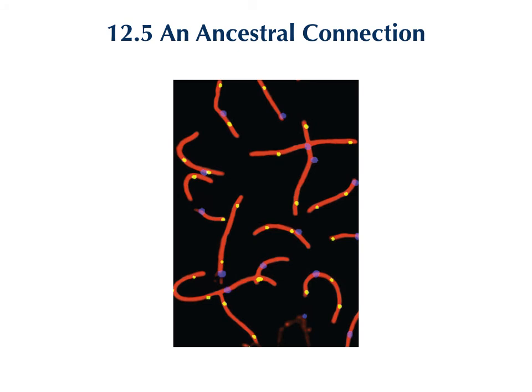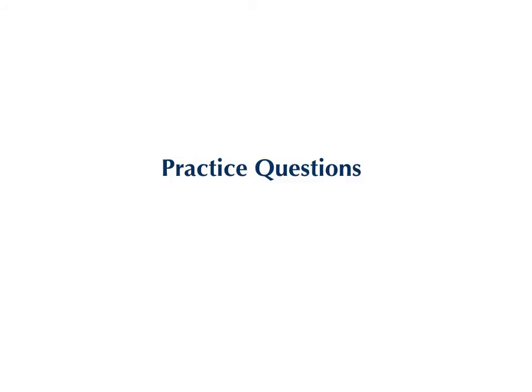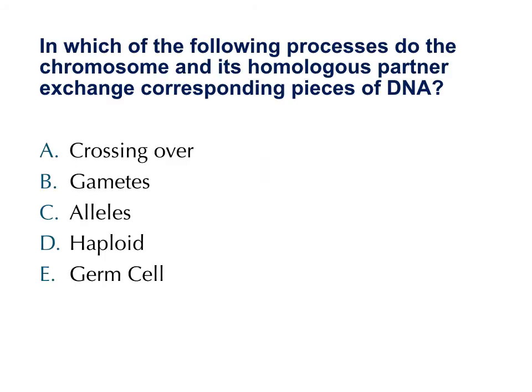MLH1 has several functions in meiosis, including chromosomal repair after crossovers and preventing inappropriate crossovers. But this protein also has several functions in mitosis. For example, it helps repair DNA replication errors, and it prevents homologous chromosomes from crossing over. So, very interesting. All right, let's go through a few practice questions, and then we can end this chapter.